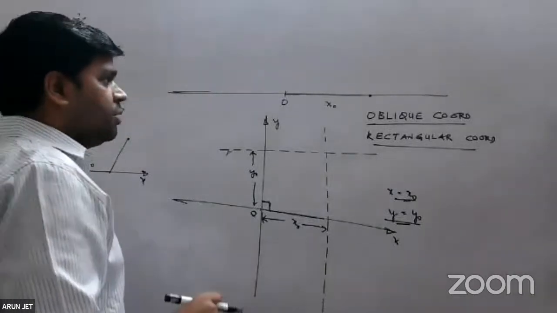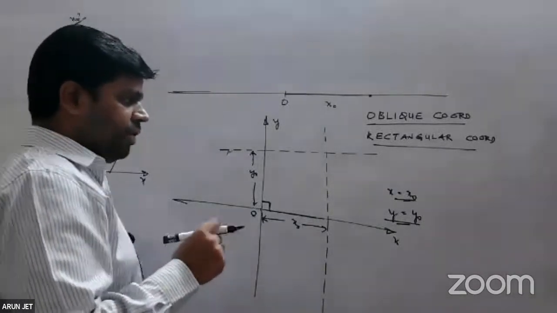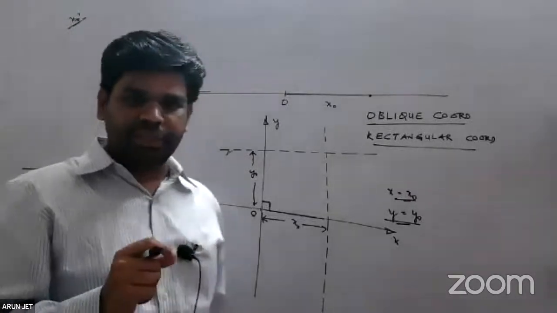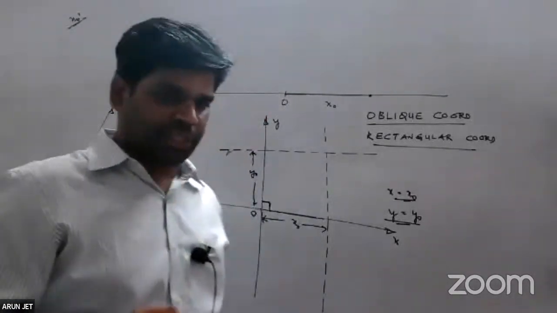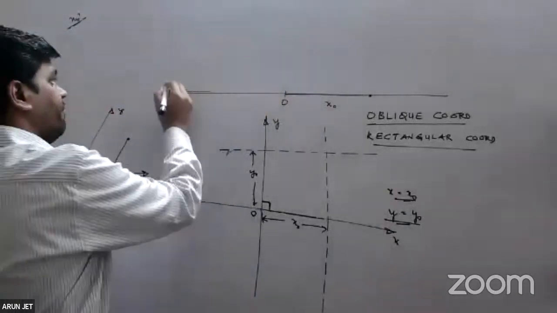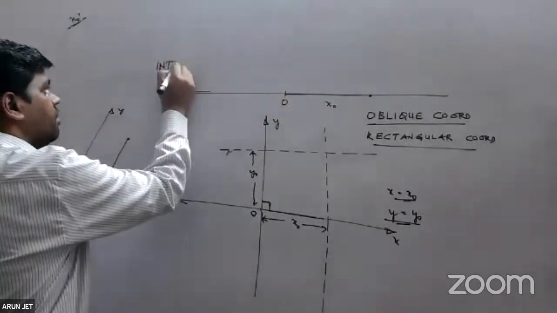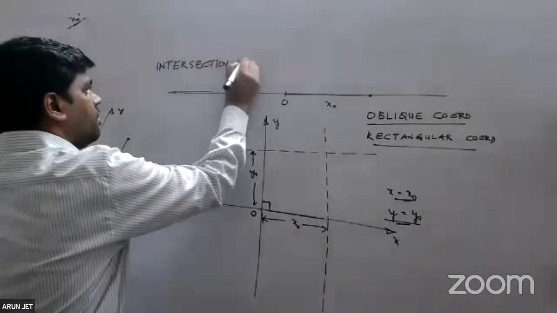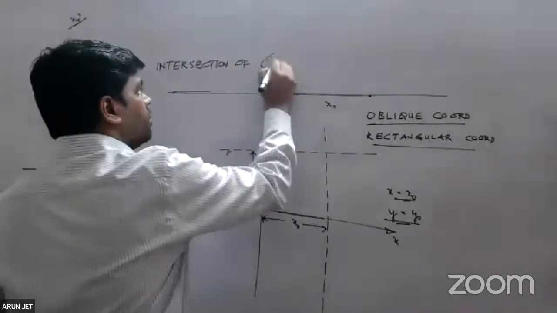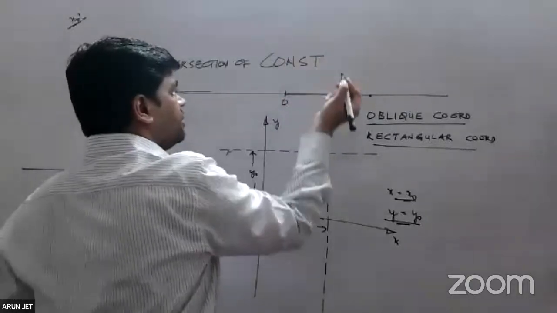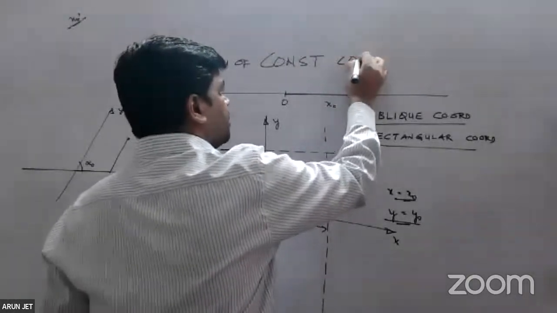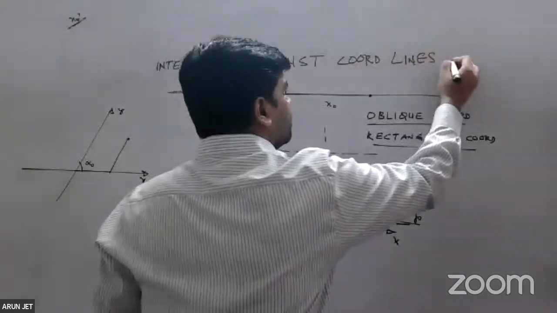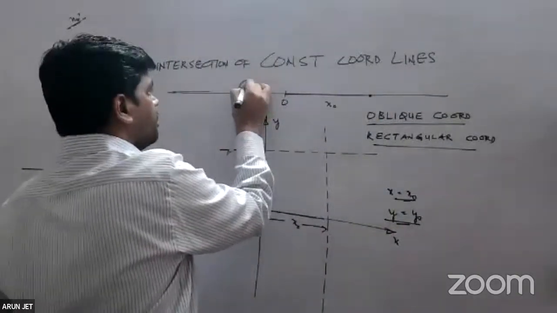All right. Now, let's see how we get a point. In general, how we get a point. Now, this definition is very important for you to understand even in 3D cases. The definition goes like this. The intersection of constant coordinate lines gives a point.